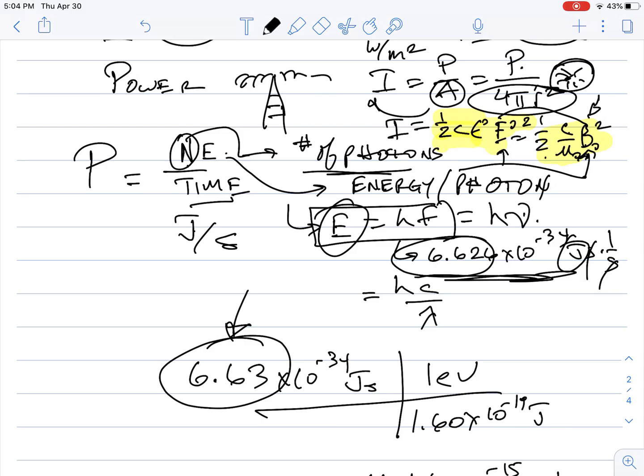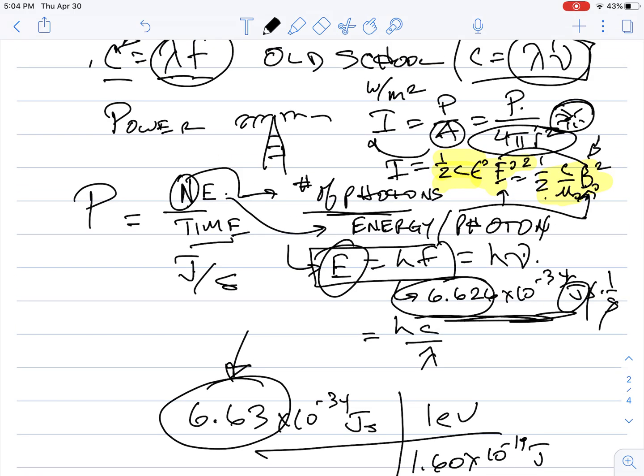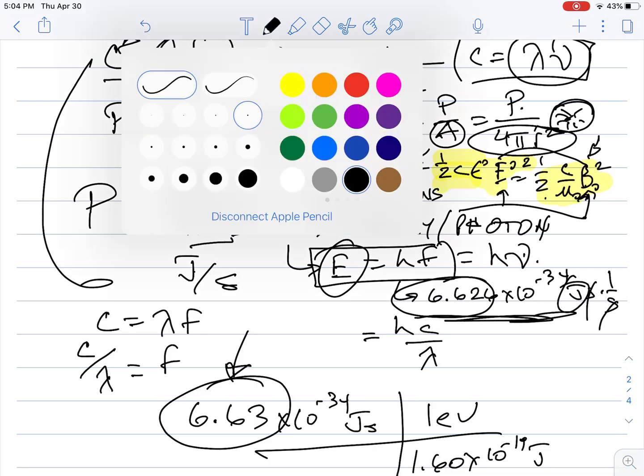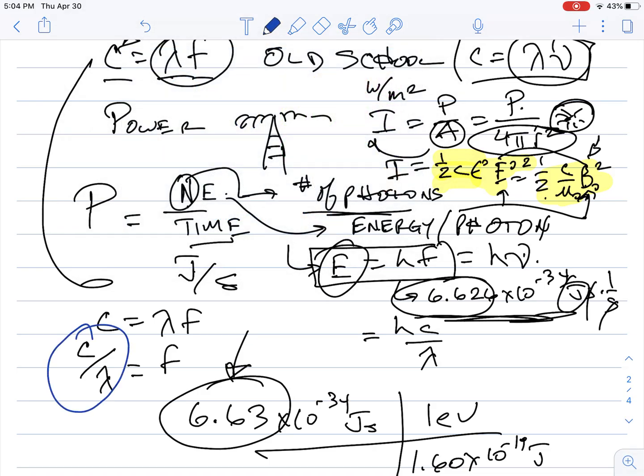Now, the other way that you can do this is that because c, the speed of light, equals lambda times frequency, if you take the speed of light and divide it by wavelength, you get frequency. So you can do a little trickery here and slam this in for frequency, and that's where you get hc over lambda.